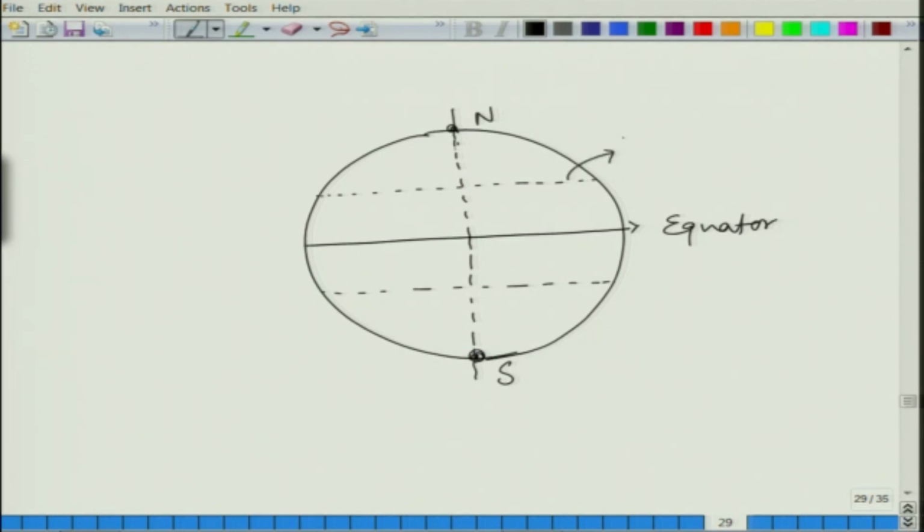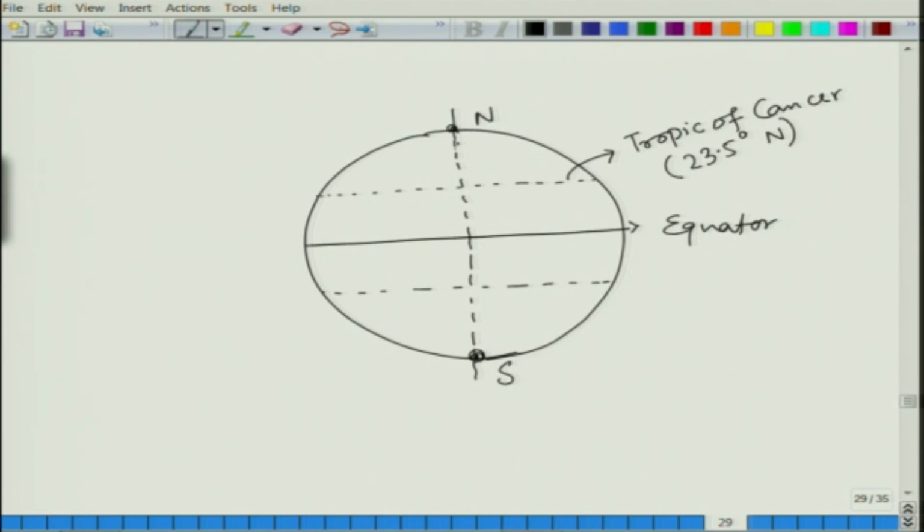This one we call Tropic of Cancer, which is designated by this 23.5 degree north latitude.